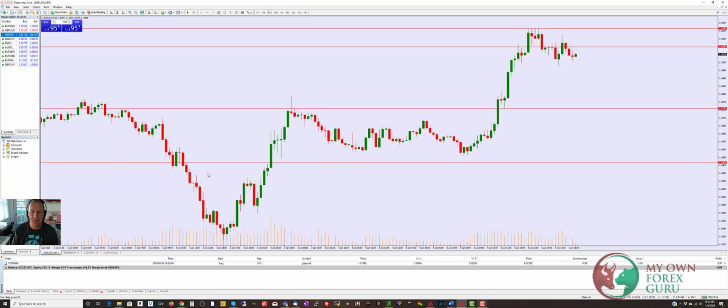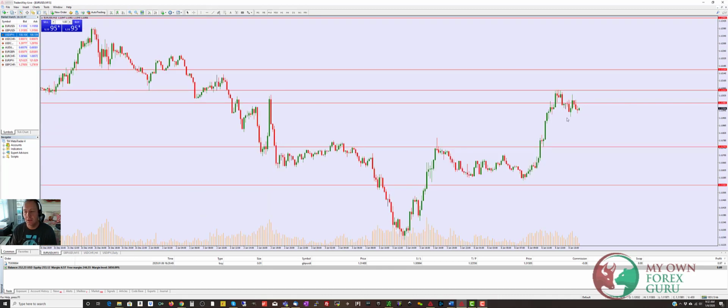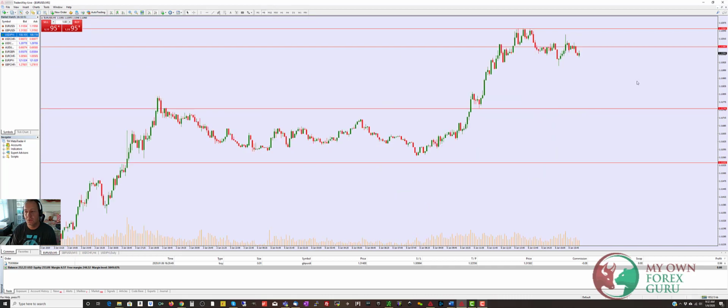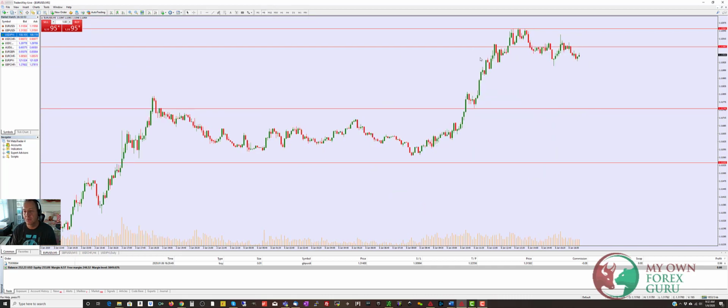Let's get back to Euro USD and see what's going on here. Not a whole heck of a lot. I still don't see anything that makes me feel comfortable. The price is basically ranging, so we can put a box just to say that we want it to qualify.